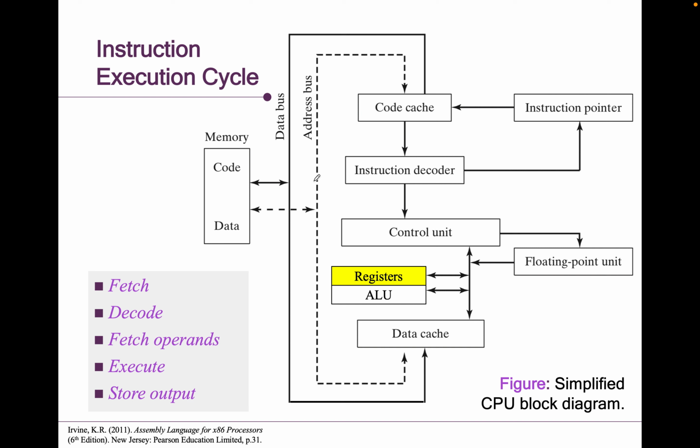This is the simple architecture or block diagram for your CPU. Last time you already knew your CPU contains the ALU, registers, and control unit. Last time you saw this part only, right? But inside the CPU there is actually a lot more, including a system bus, which connects your CPU to your memory.